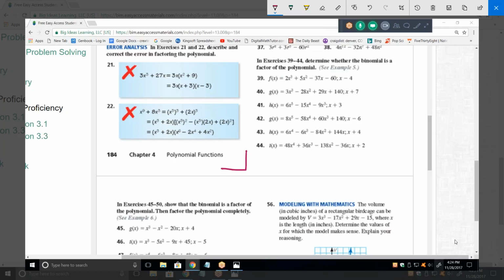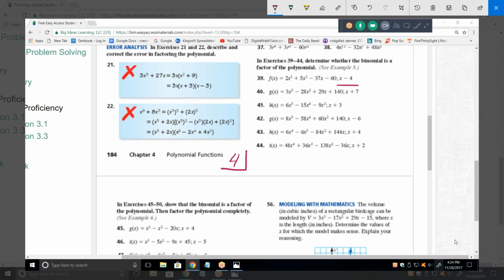It's not x minus 4. It is whatever zero that would produce. In other words, if you set that equal to 0, you get x equals 4. So if I'm going to divide it synthetically, I'm dividing by the zero, which is 4.